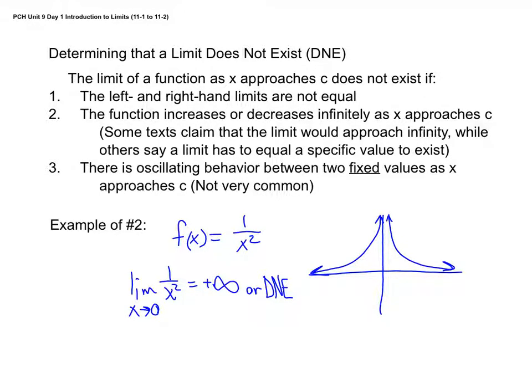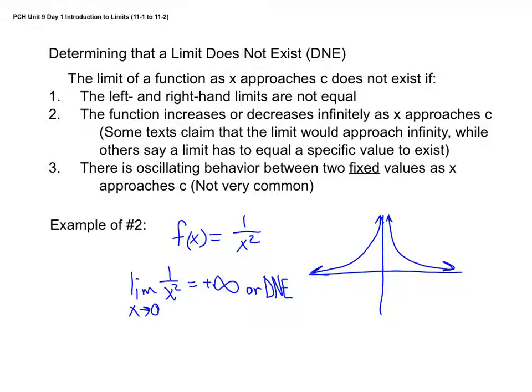And since infinity is not a specific number, we would say that the limit does not exist. That's what we are going to use in this class, partly because that's what IB and AP both use. So if you go on next year to IB or AP, you'll be all set. Which one do we use? We're going to use does not exist.